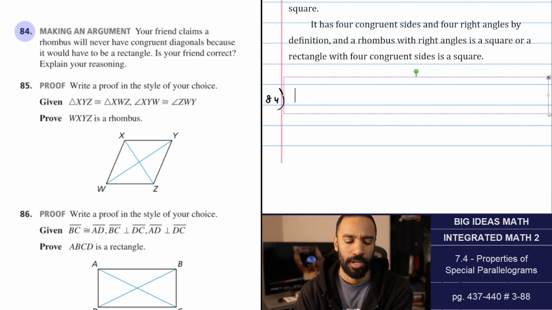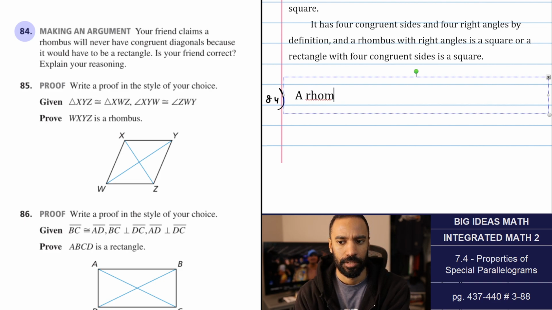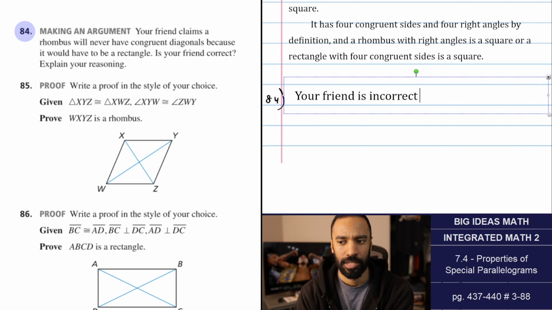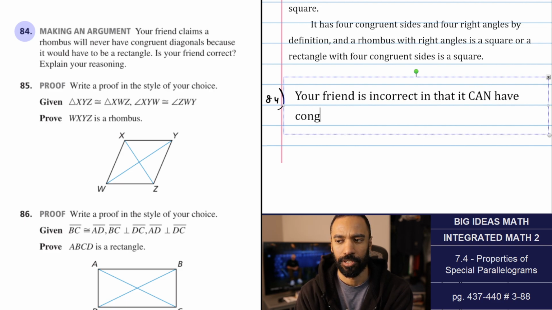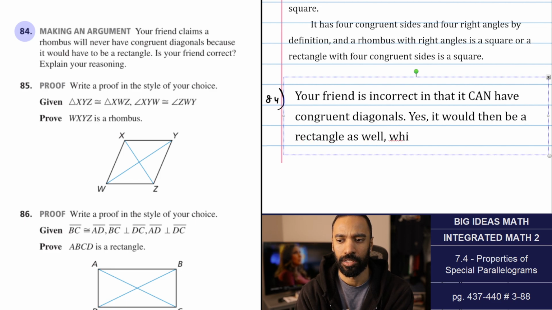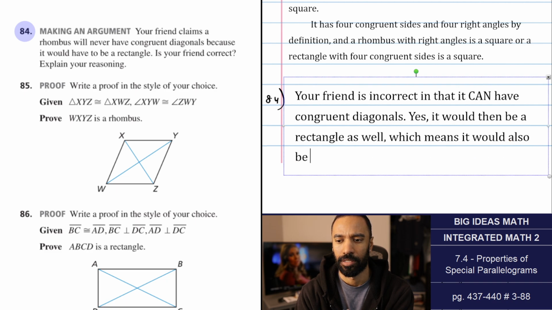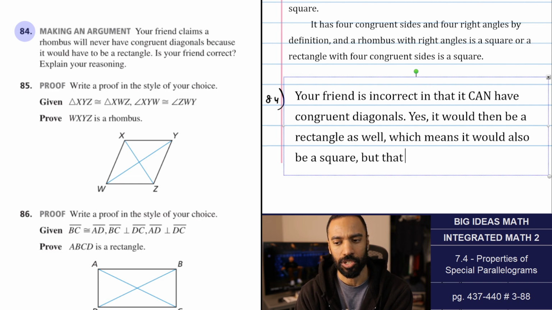Your friend is incorrect in that a rhombus can have congruent diagonals. Yes, it would then be a rectangle as well, which means it would also be a square. But that does not negate the fact that it is still a rhombus.